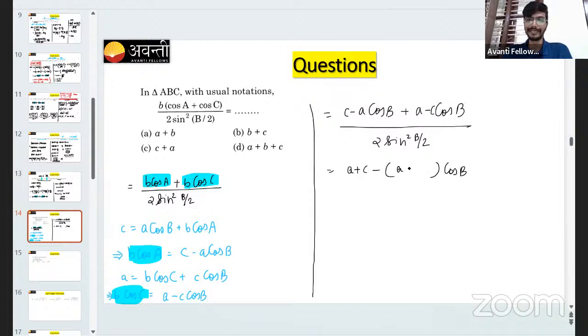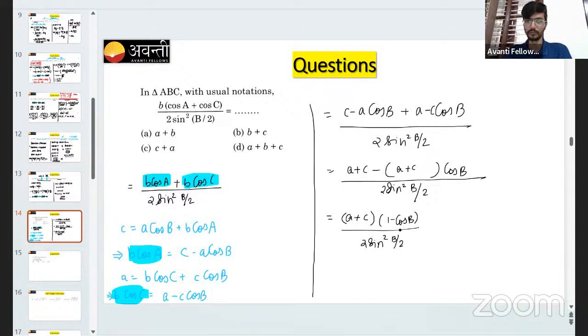So what I'll get again? A plus C upon 2 sine square B by 2. Now from the top I can take A plus C common. What I'll get? 1 minus cos B upon 2 sine square B by 2.